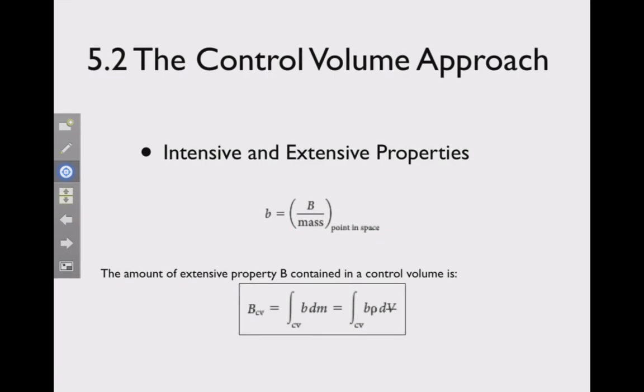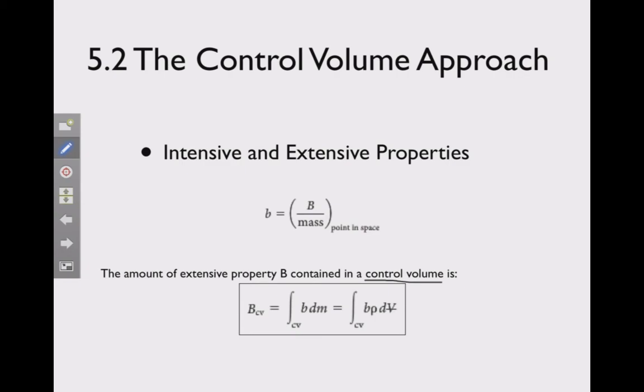So we remember now that b equals, for any point in space, the capital B over mass. Now we can start to specify the amount of an extensive property that might be contained in a certain volume. And of course, we're interested primarily in what is in our control volume.